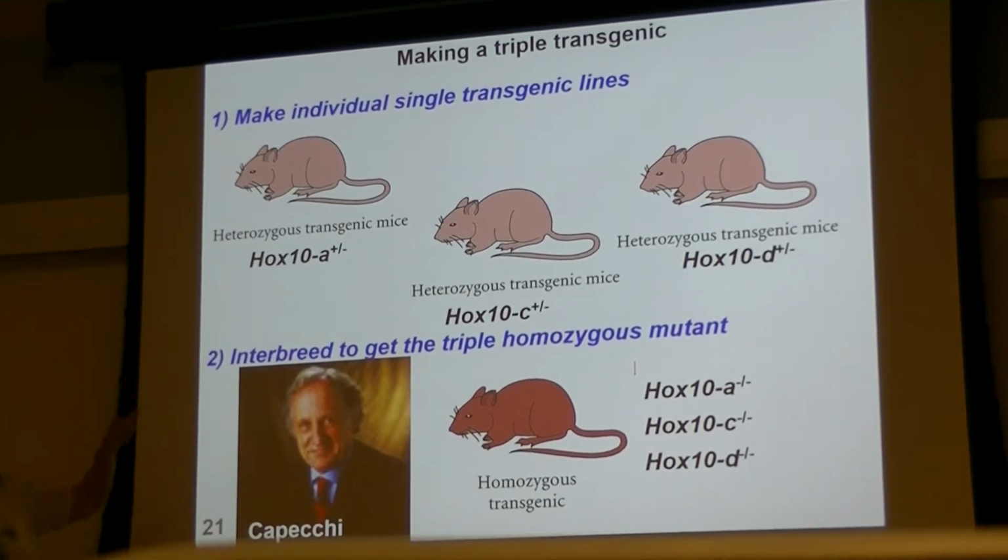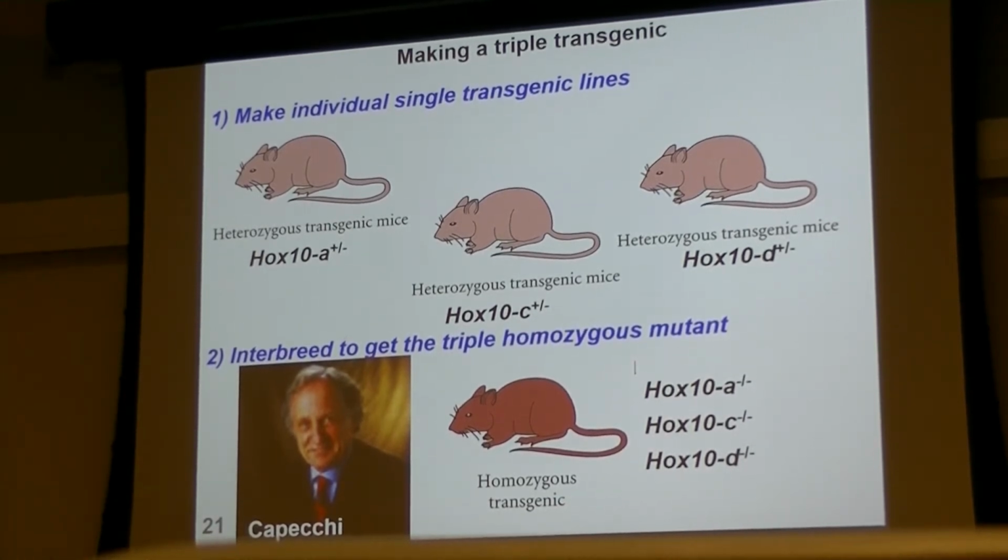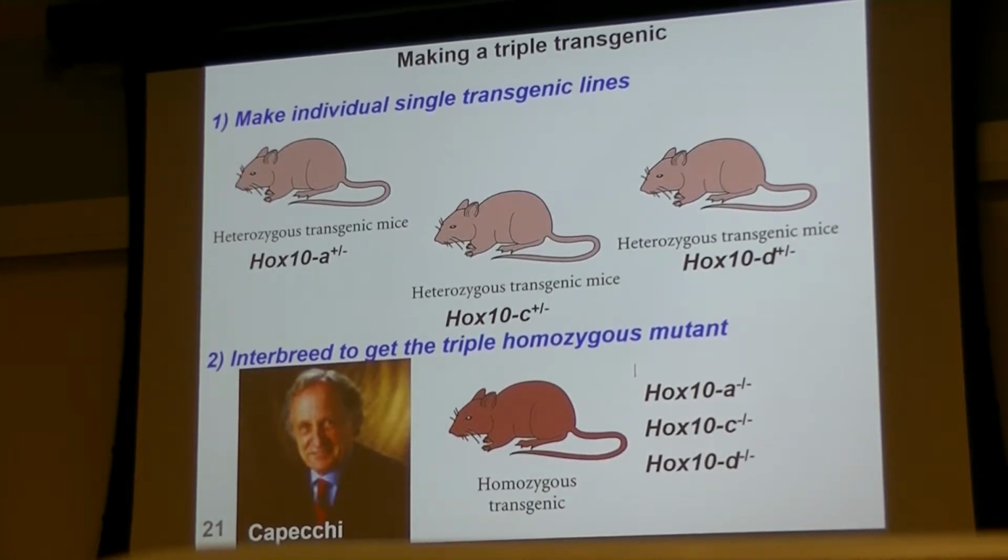So what you do is you first have to go in and do targeted mutagenesis and make mice that are mutant for each of these different genes. And then you breed them together until you can finally get embryos that have all 6 copies of mutant genes for these 3, and then you examine what the phenotypes are.